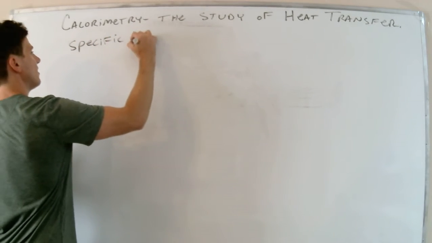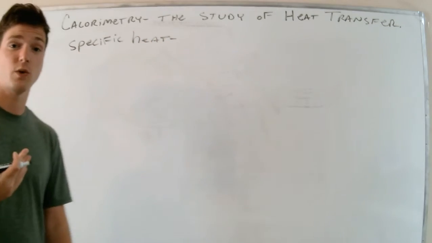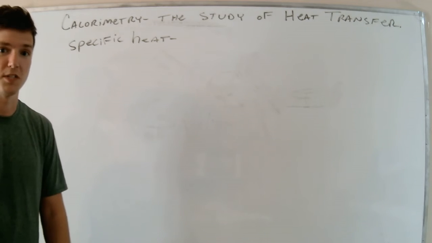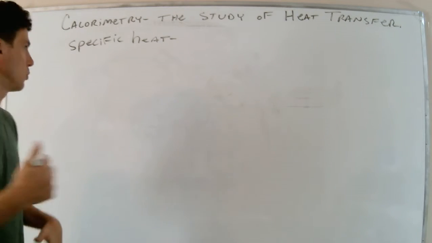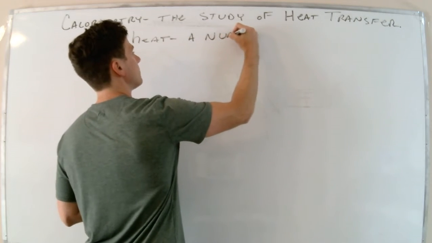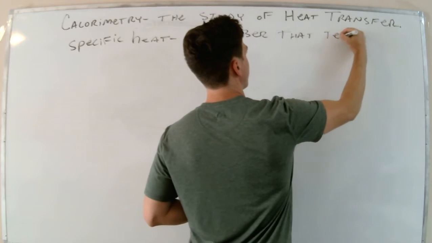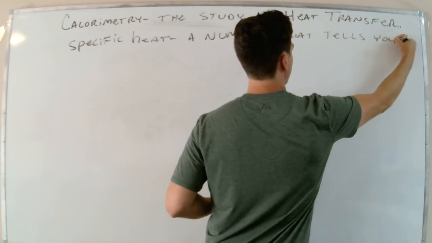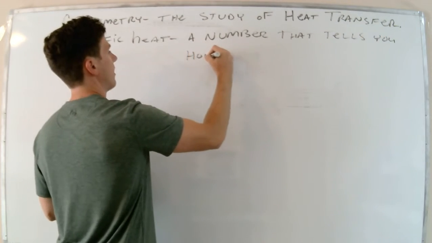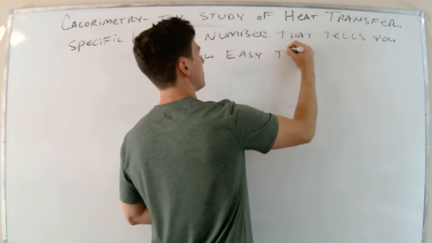Specific heat, it's a value given that just tells you how easy a certain material is to heat up or cool down. So specific heat is just a number that tells you how easy it is to heat up a material.